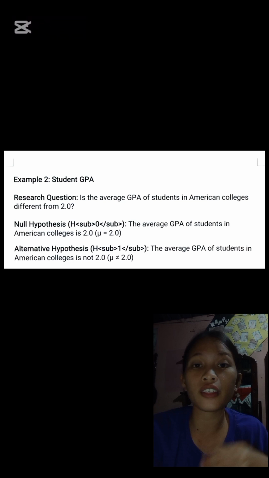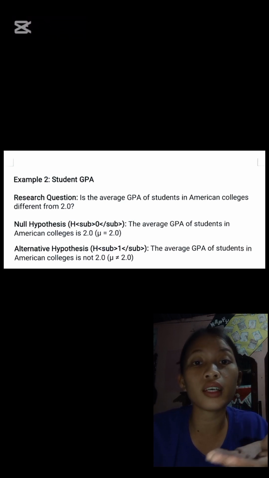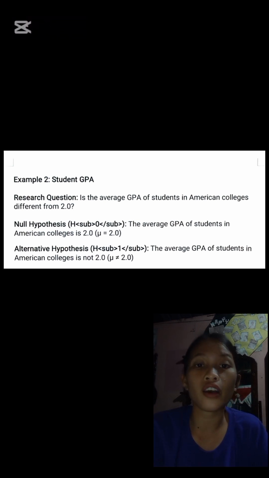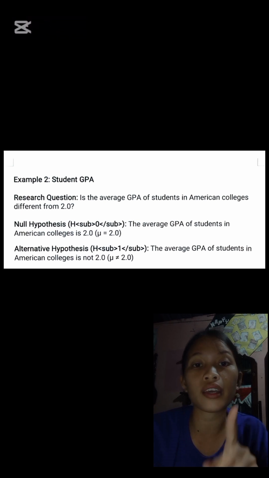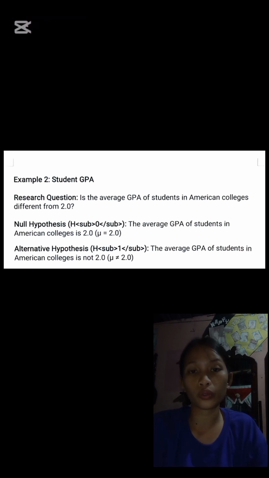For the alternative hypothesis, because it is a two-tailed test, the symbol we use is not equal, or words that are associated with not equal. So, the average GPA of students in America College is not 2.0. The symbol is H sub A mu is not equal to 2.0. So, that's all.